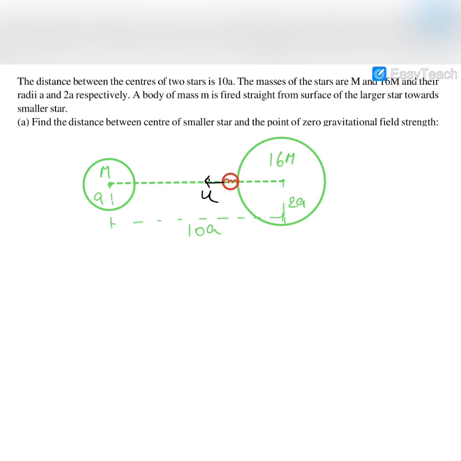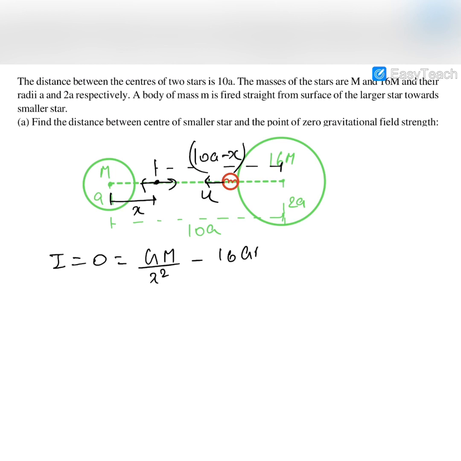So we know that the point where the gravitational field intensity will vanish is, let's suppose, at a distance of x from the smaller one, and this distance would be 10a minus x. Therefore, the net intensity of gravitational field should be 0, and that should be equal to GM by x square minus 16 GM by (10a minus x) whole square.